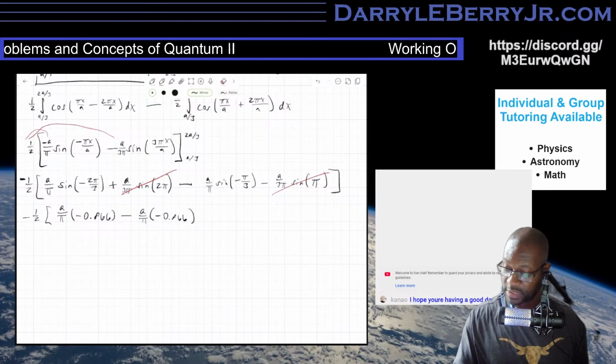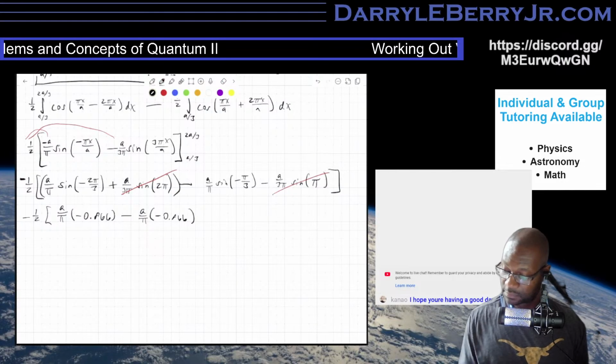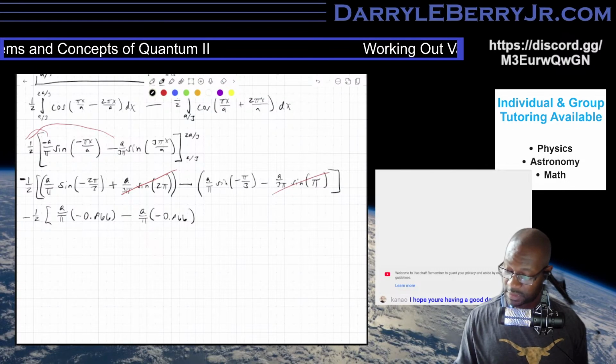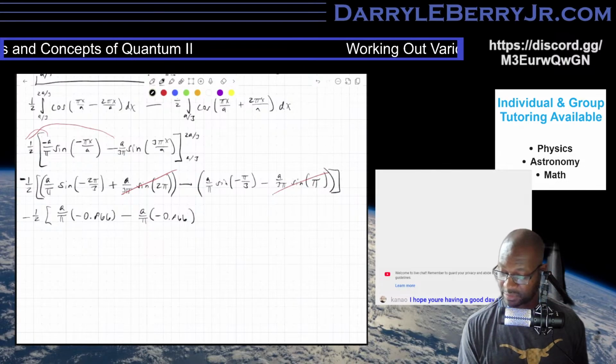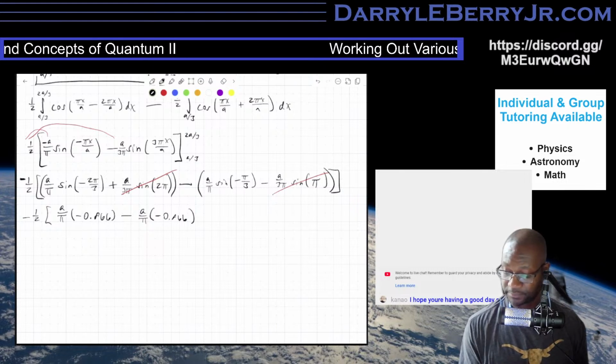So this is the first half. And this is the second half, which is subtracted. And the whole thing is times a -1/2, which is outside the entire process after it's finished.